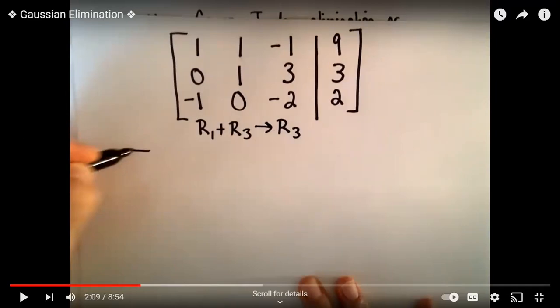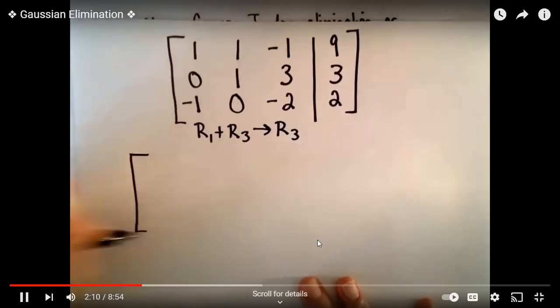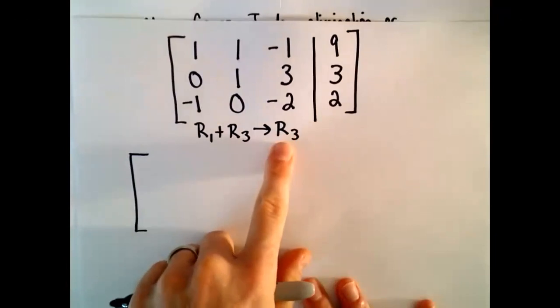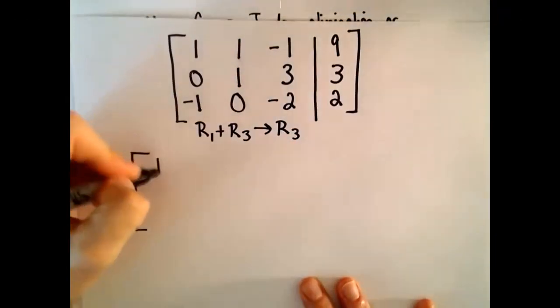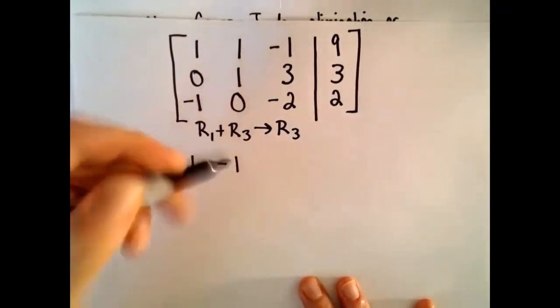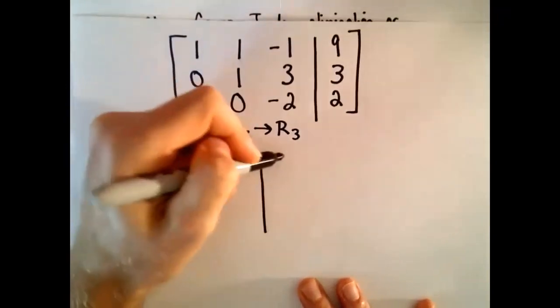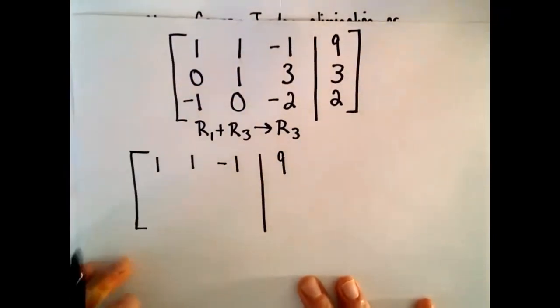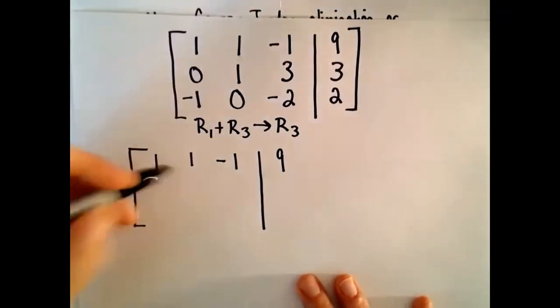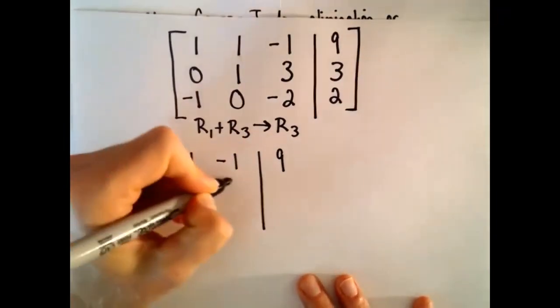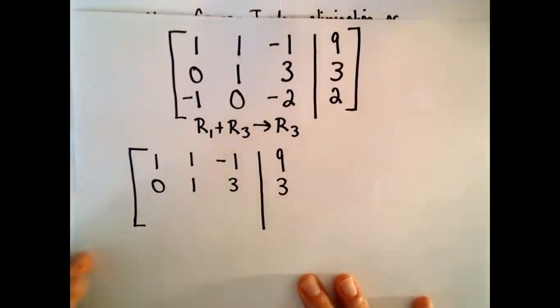That's the first thing: make sure you identify your change. I like to use a little arrow to indicate which row is changing. There's tons of arithmetic in these problems, so anything I can do to help myself stay organized helps. I'm not changing the first row, and not changing the second row either.